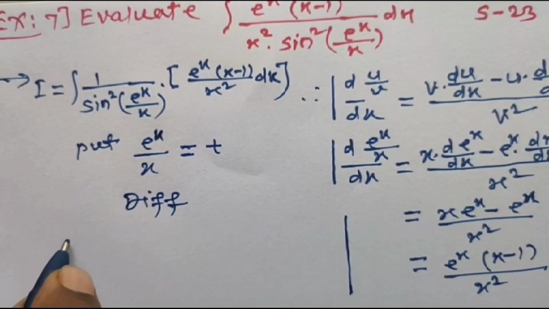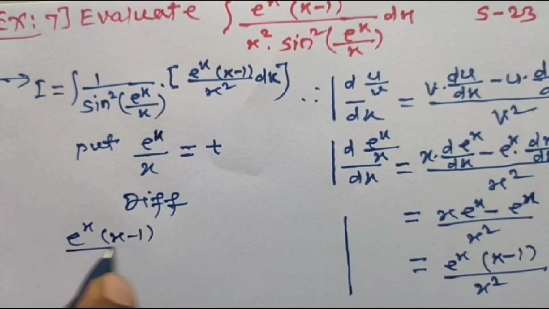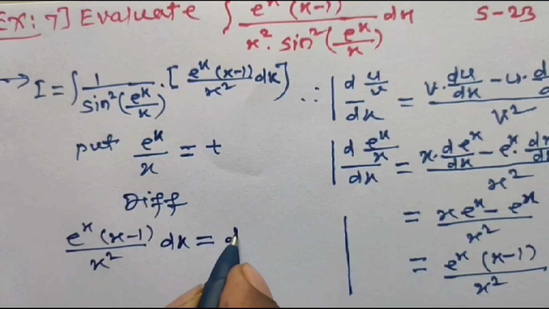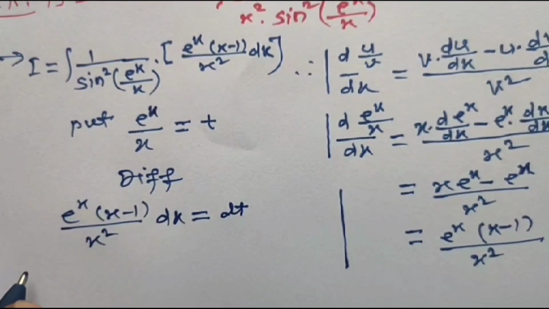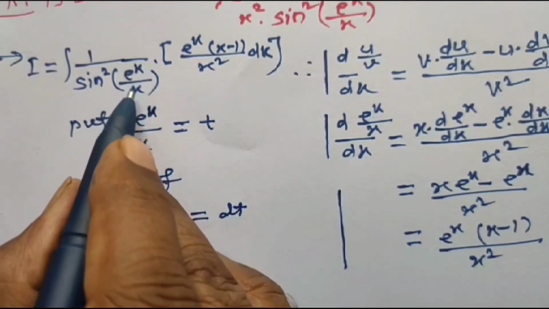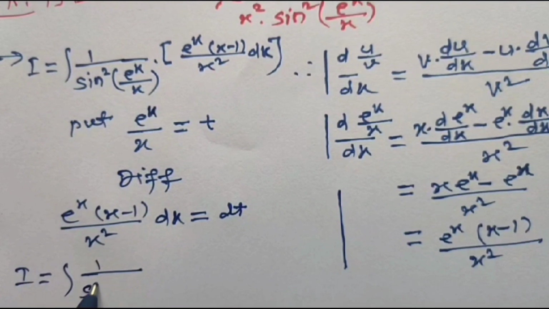Differentiate this, hence e to the power x into x minus 1 divided by x square dx is equal to dt. Hence, I is equal to, replace this bracket by dt and replace e to the power x upon x by t, integral of 1 upon sin square t dt.